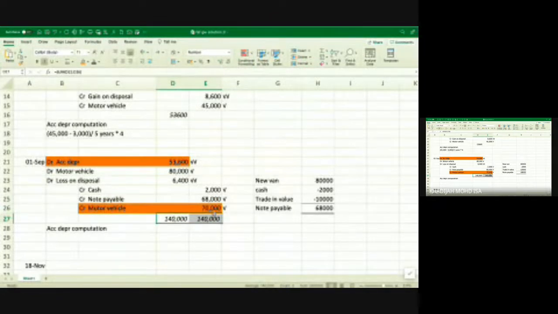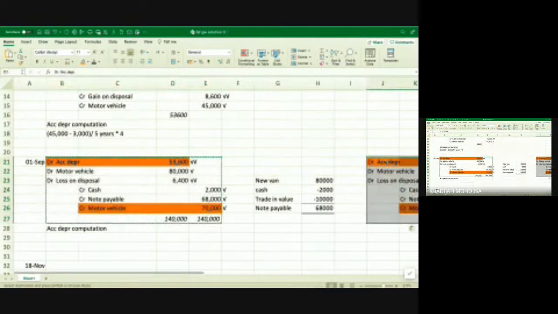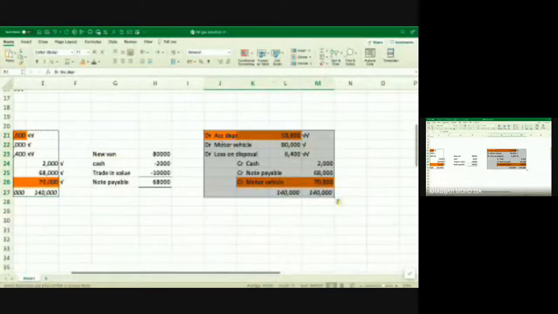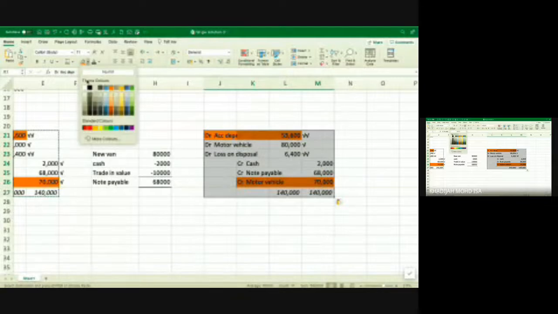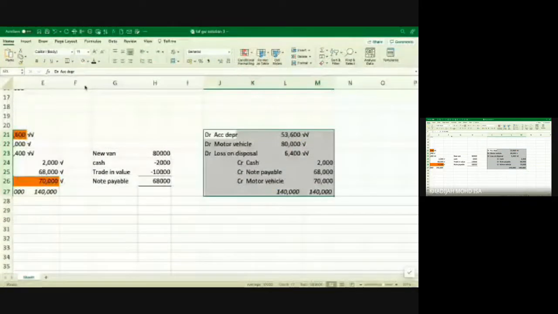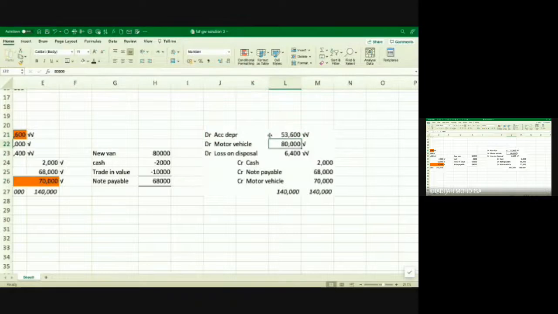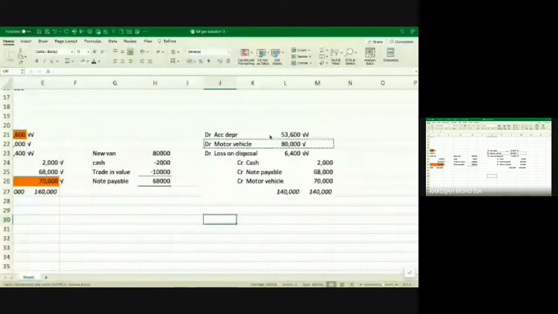Another way of doing this. Do you learn another way of doing these journal entries? Let me show you another way of doing this. Instead of having the new motor vehicle here, I will keep it here differently.